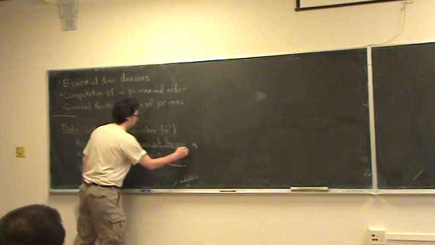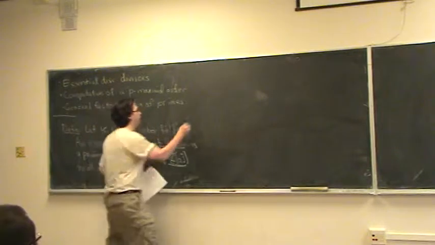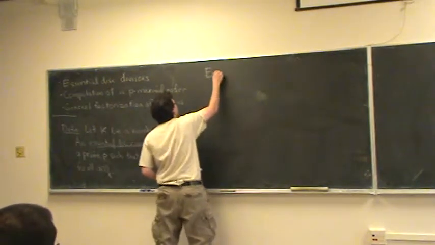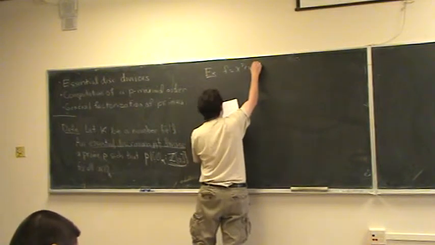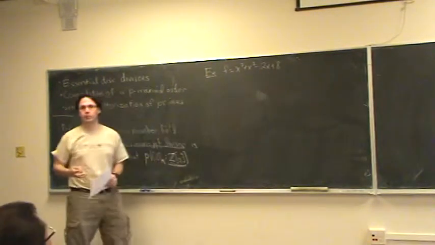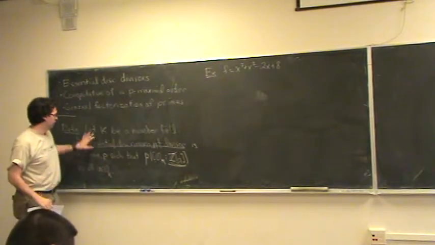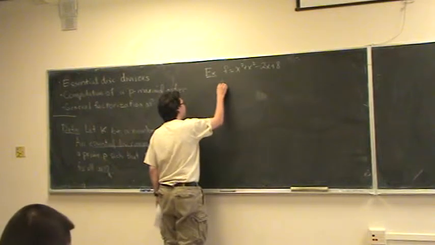So that's a definition, and I showed you an example last time that involved f equals x cubed plus x squared minus 2x plus 8. That particular polynomial has the property that if you look at the corresponding number field, then 2 is an essential discriminant divisor.